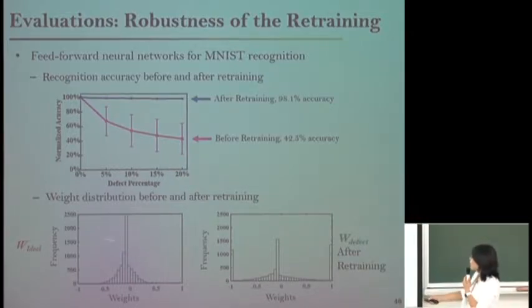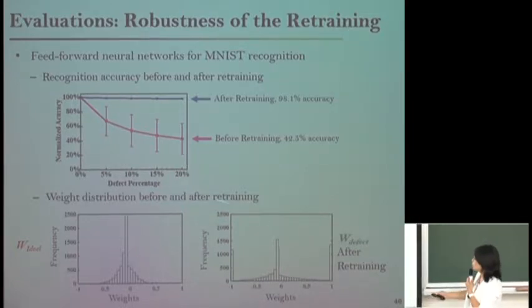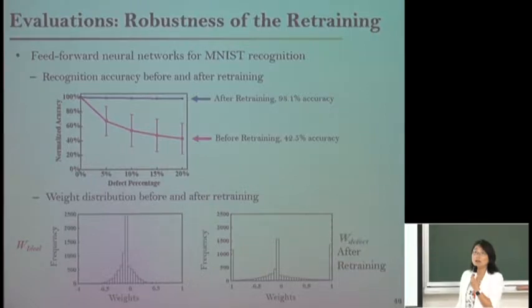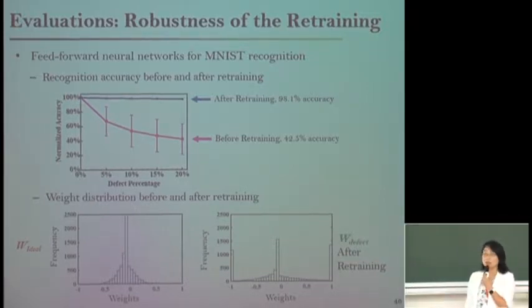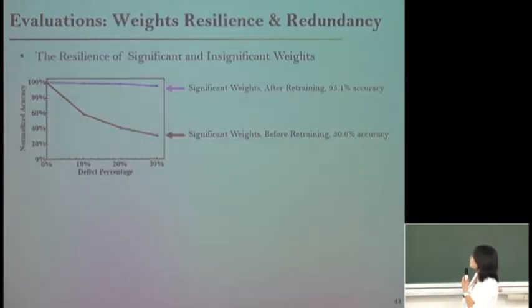And here I show weight distributions. What I really represent through the two figures is that previously the majority of weights were distributed in this way. Now, after retraining, the two sides represent the defective weights, either stuck on or stuck off. We force those weights to be 1 or 0, positive or negative ones, and then retweak the weights to obtain the functionality.